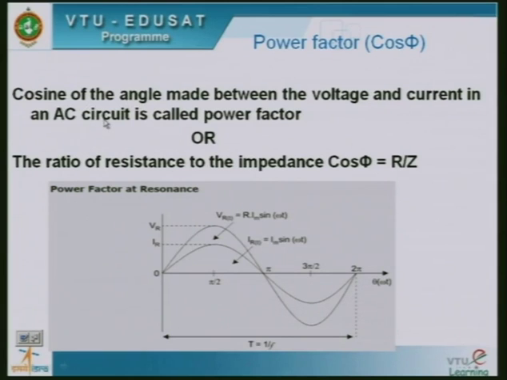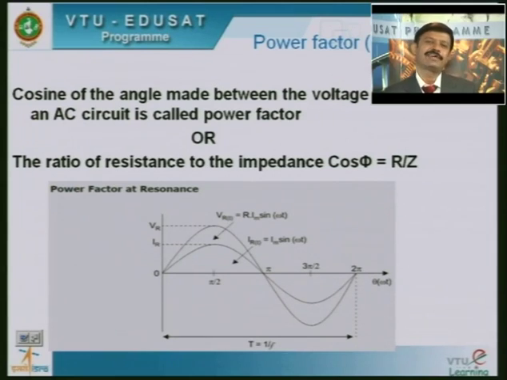Voltage and current are both AC quantities, and they make a phase difference, determined by the angle phi. Taking the cosine of that angle gives the power factor. Another definition is the ratio of resistance to impedance is also called the power factor.